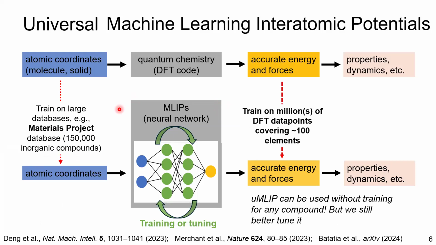And the idea is that you can use them practically out of the box. So you take your compound, whatever it is, and you use it out of the box and be happy. But still, you better tune it, perhaps the final output layer, so you can fine-tune it for your particular compound. And this is what we're going to talk about. The question is, how expensive is this and how well does it work?